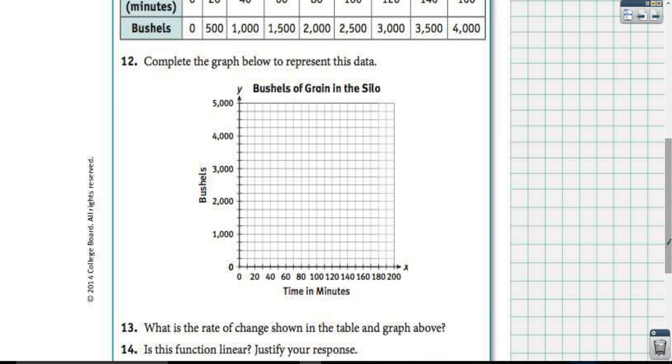All right, number 12, it wants us to graph. So we're going to put a dot at 0. Then we're going to put a dot at 500, which is going to be in between 0 and 1,000.